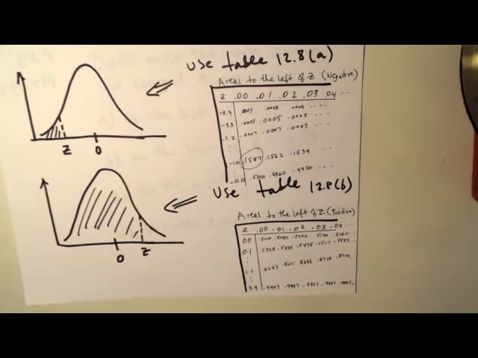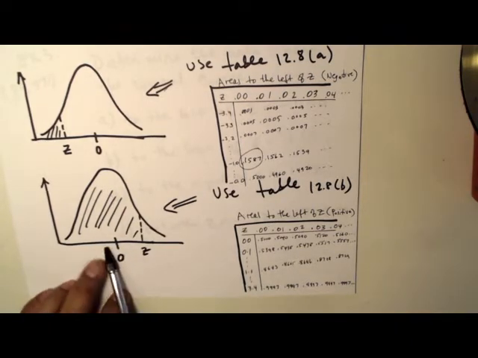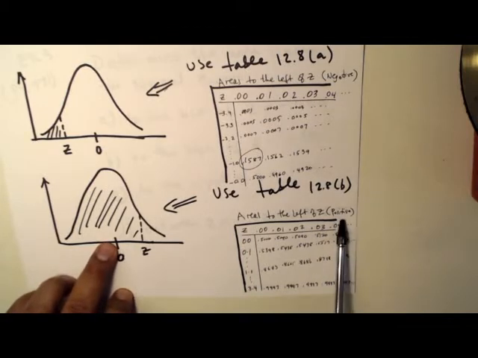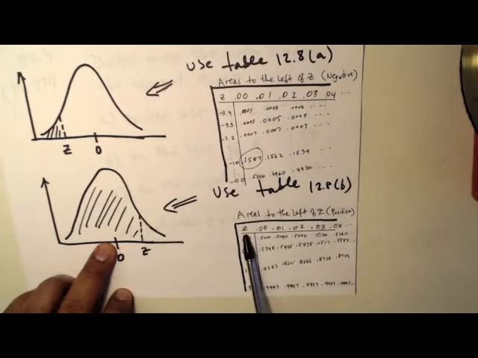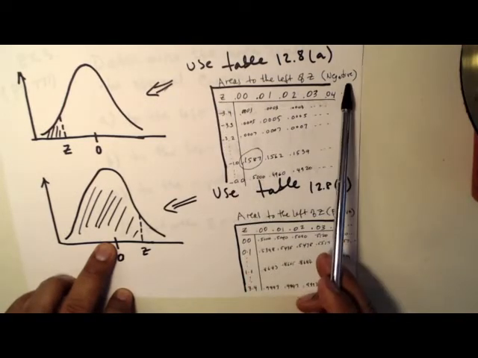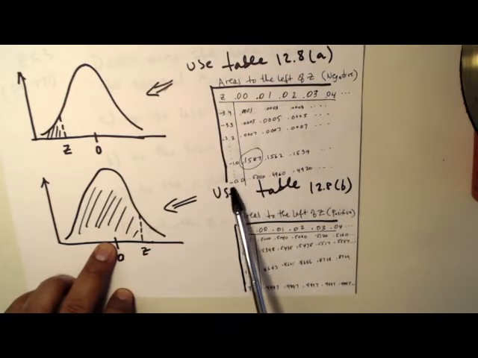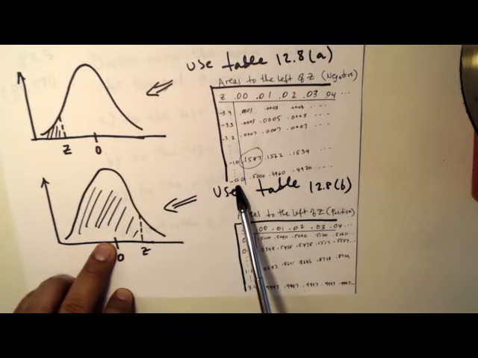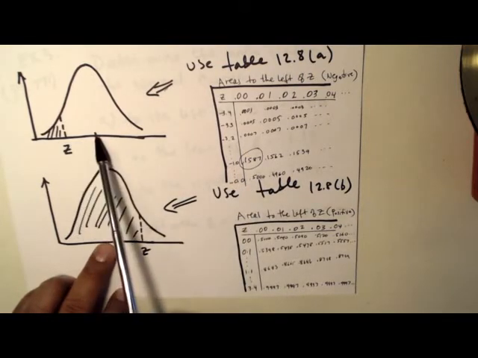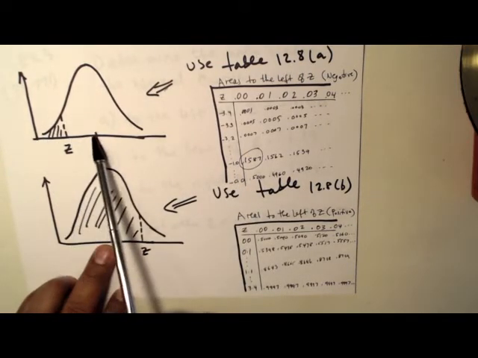Now, if the value is to the right of the 0, then we are going to use positive numbers here. And notice this one. The Z-score on the negative side goes from minus 3.4 all the way to minus 0.0, which means that it covers all this area here. Okay?